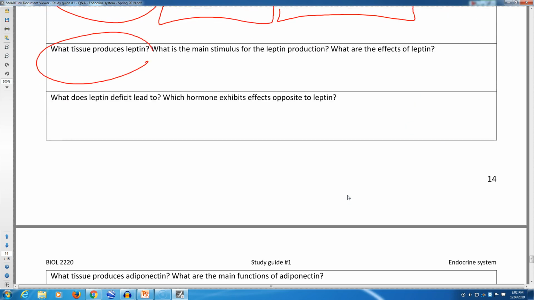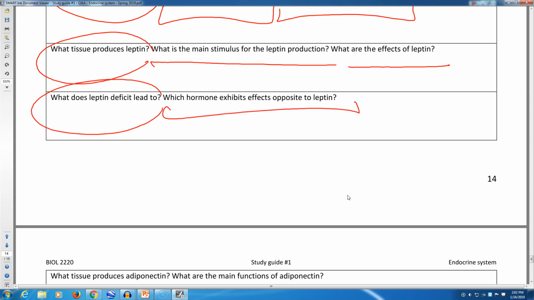Adipose tissue produces leptin. Stimulus is satiety. Effects: makes you feel full. Okay. Deficit of leptin leads to obesity. Ghrelin exhibits effects opposite to leptin.